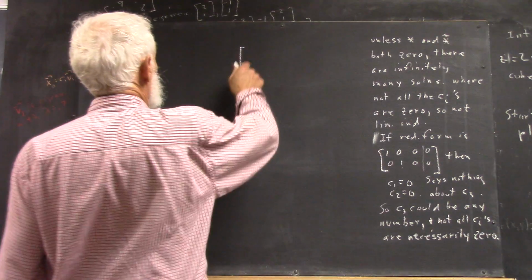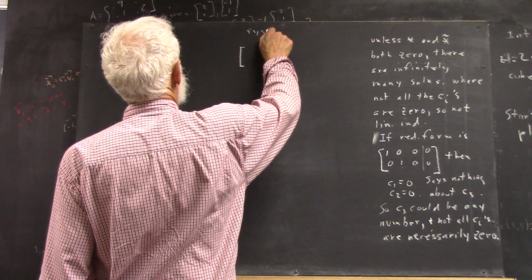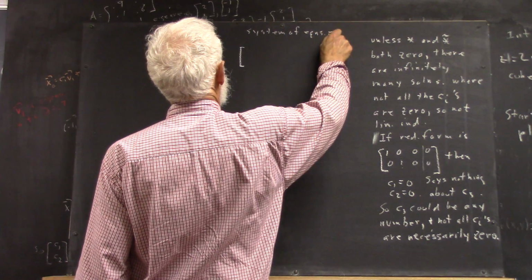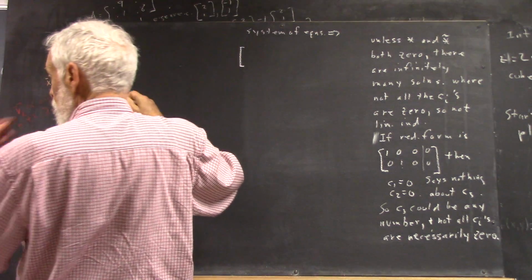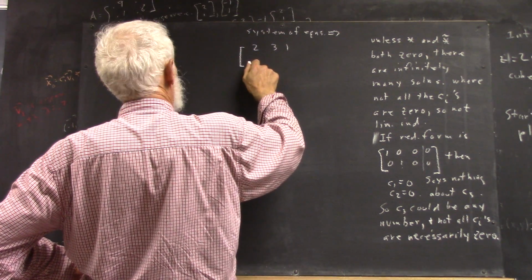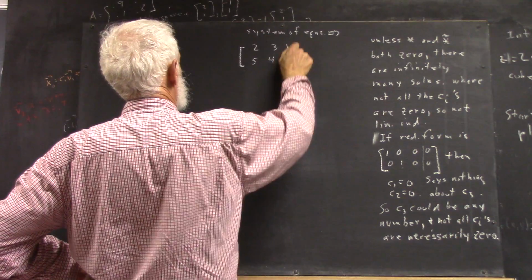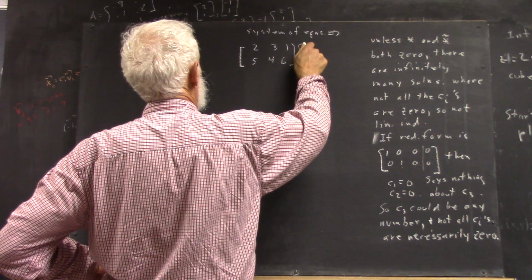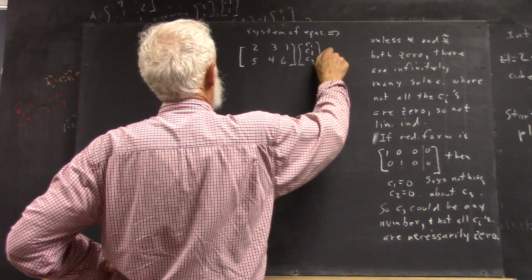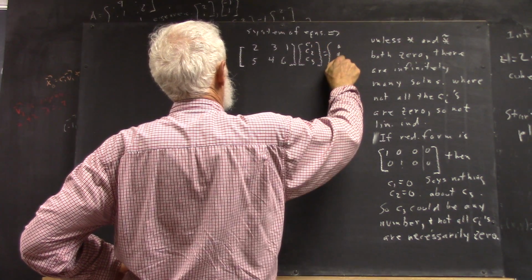So our system of equations gives us a matrix equation, which would be 2, 3, 1, 5, 4, 6, multiplied by C1, C2, C3 equals 0, 0, 0.